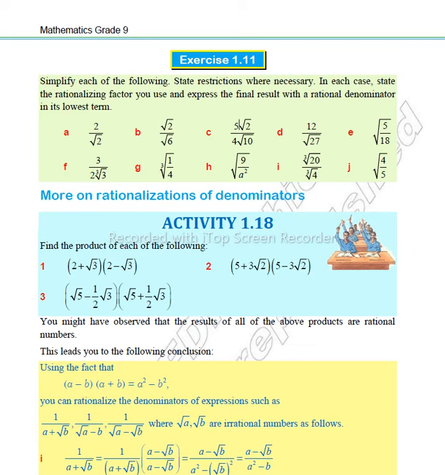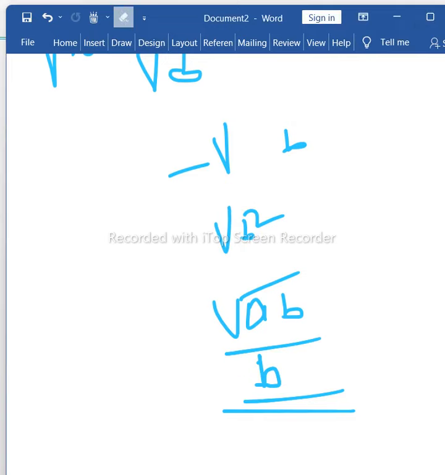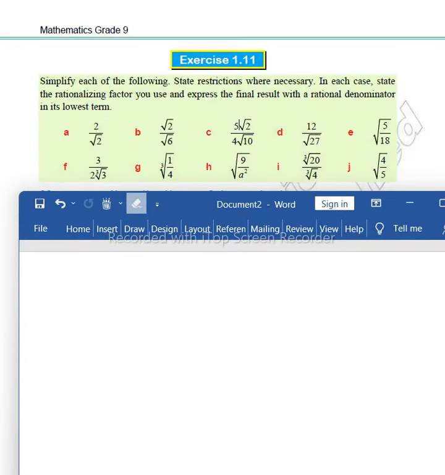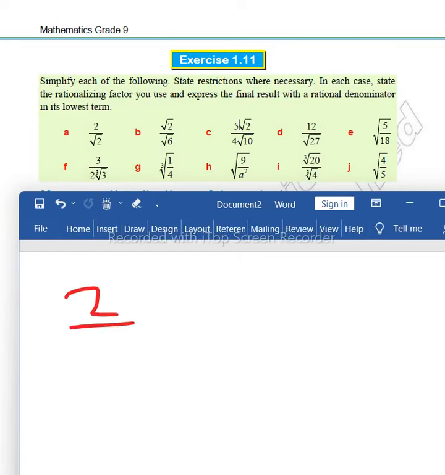We will start from question letter A. Letter A says that we have 2 over square root of 2.